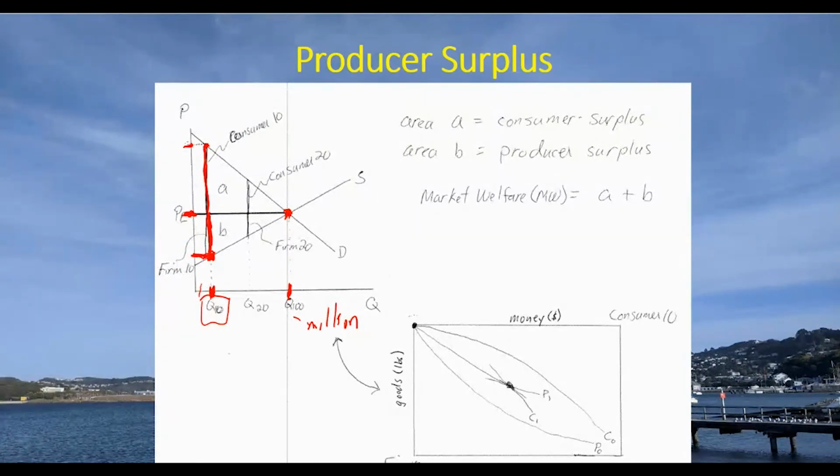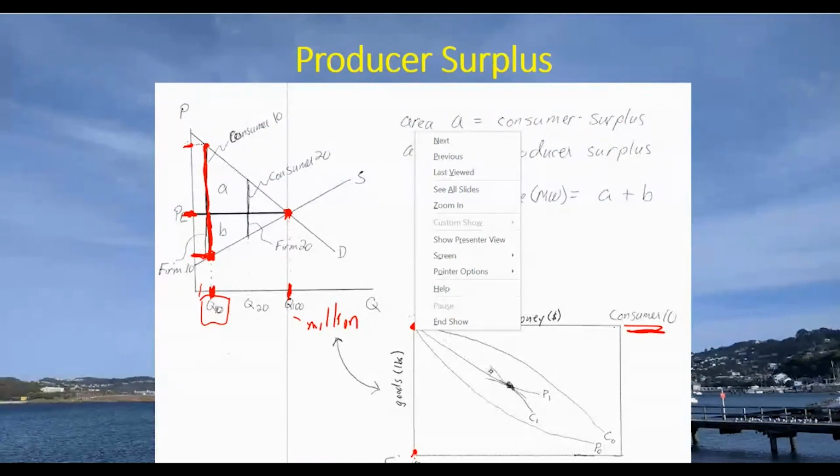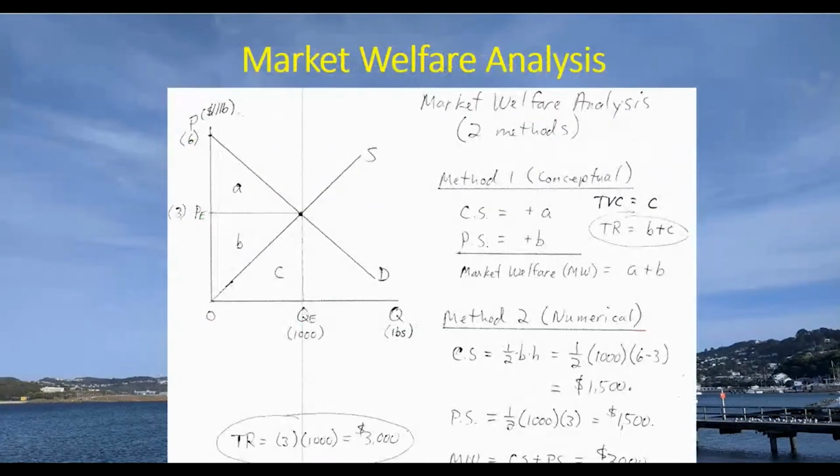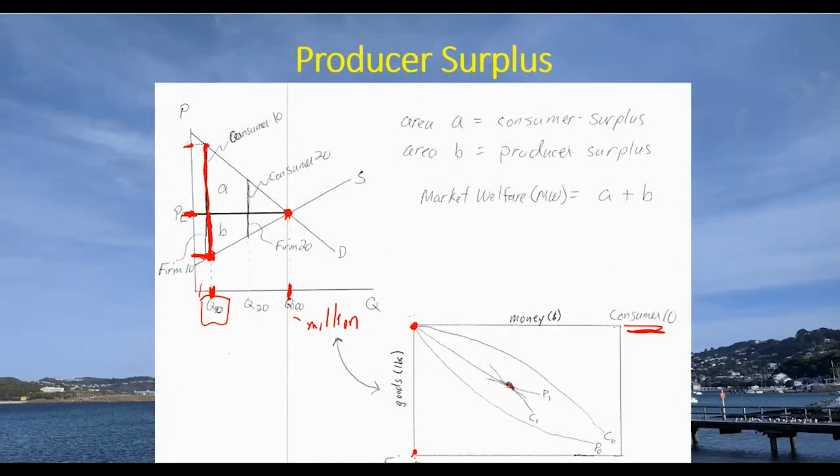As a result, we could recognize now that what's really happening in that one transaction is we got two people coming together, a firm and a consumer. The consumer is endowed with money over here. The producer is endowed with goods, and they're trading money for goods into the middle of an Edgeworth box, right?